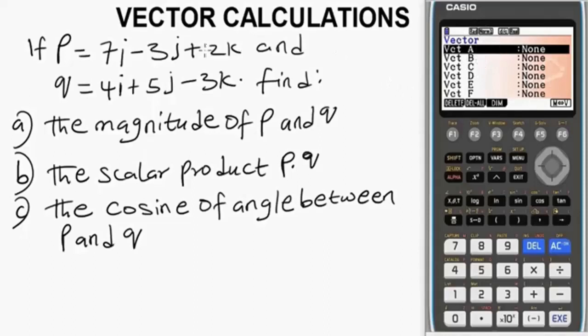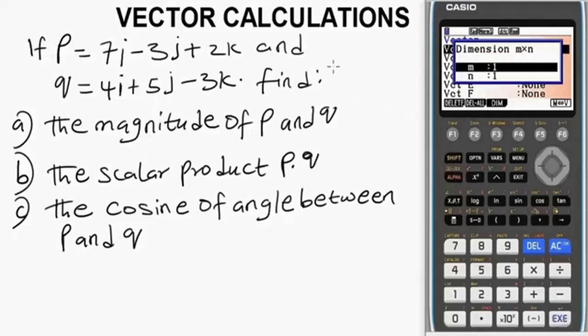So let's give this vector its dimension. Our vector A here will be our P in this question. Let's press Execute. The dimension of vector P, which is our vector A on the calculator, will be 1 by 3.